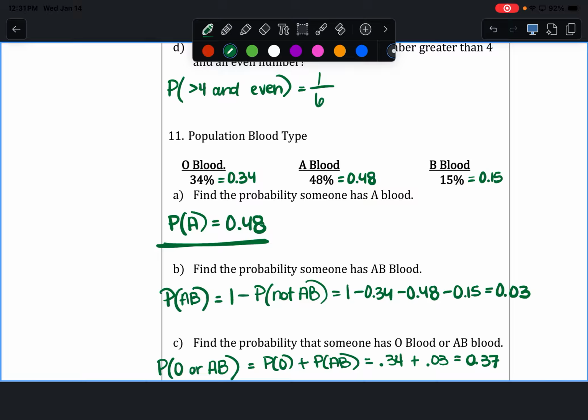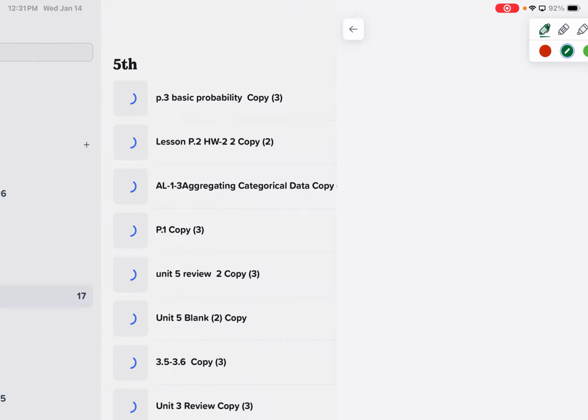All right. Had an extra. So now we're going to look at this assignment real quick. So then I'm going to let y'all work on it.